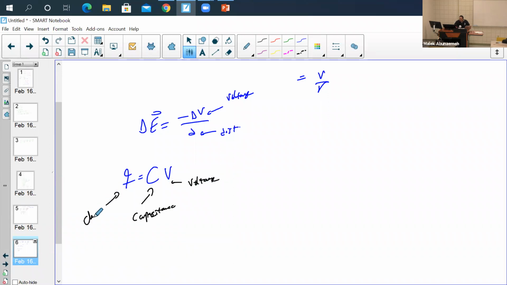And this is your charge. So your charge equals capacitance multiplied by the voltage.